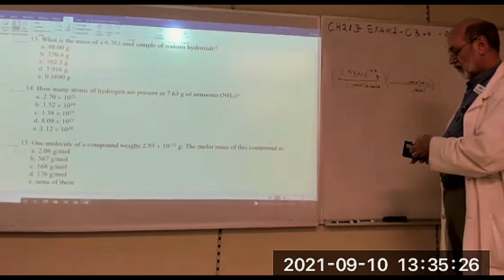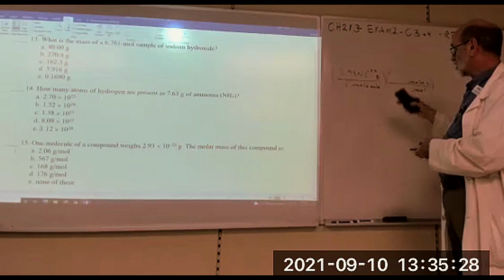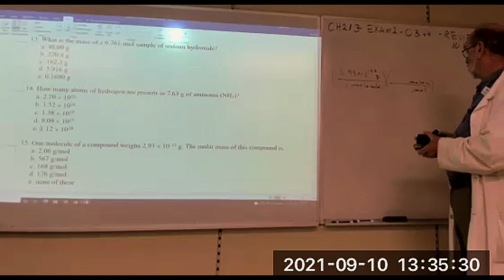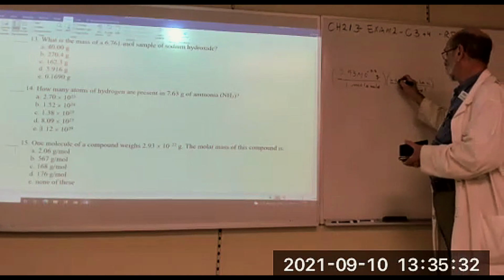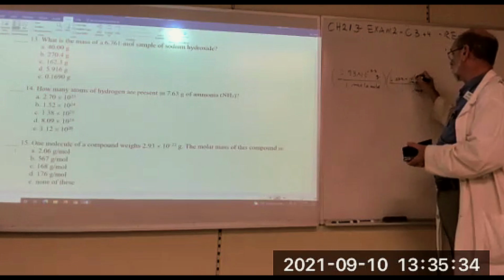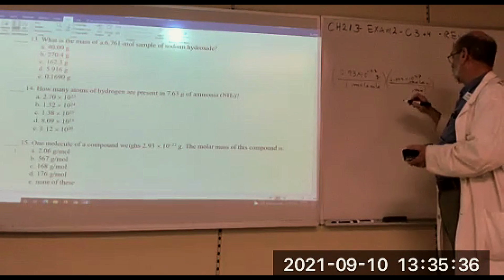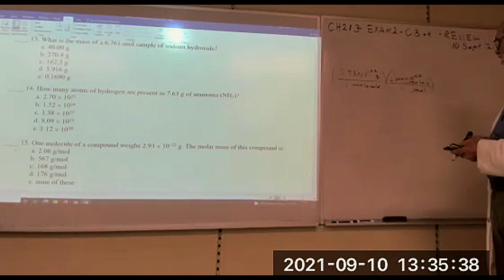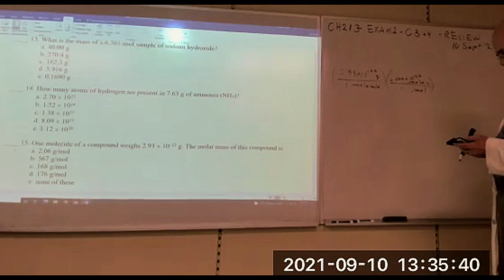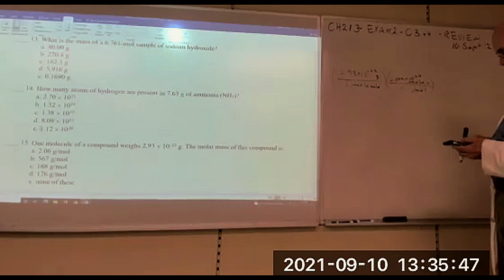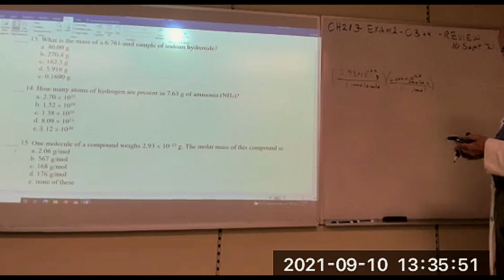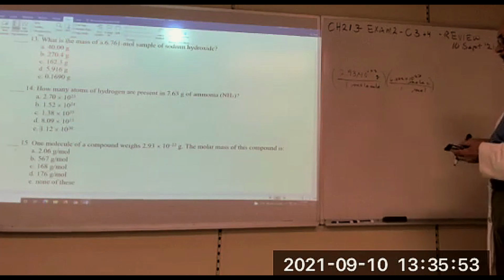To be molar mass, it has to be grams per mole. So we just say 6.022 times 10 to the 23rd times that value, and I get 176. There it is right there.